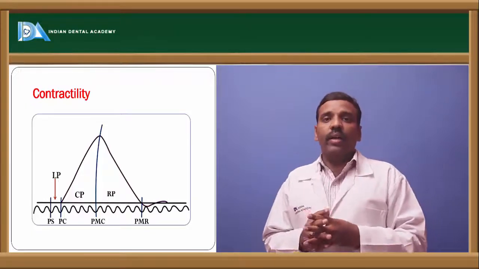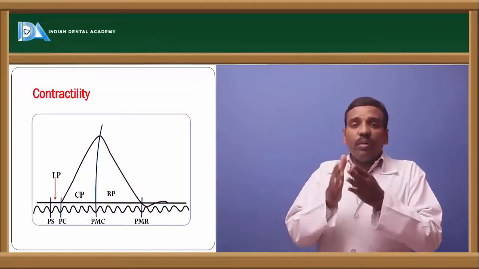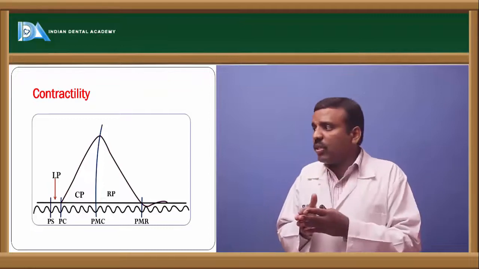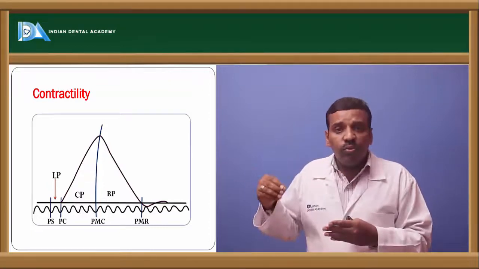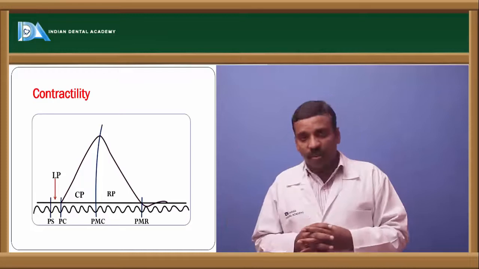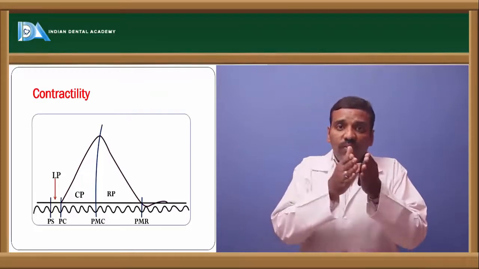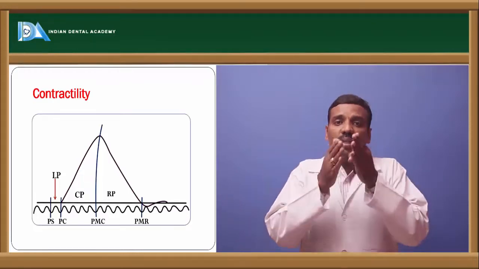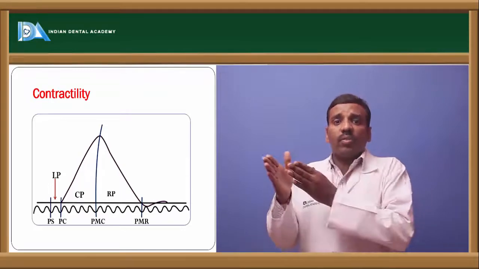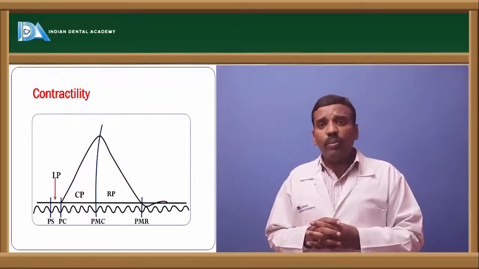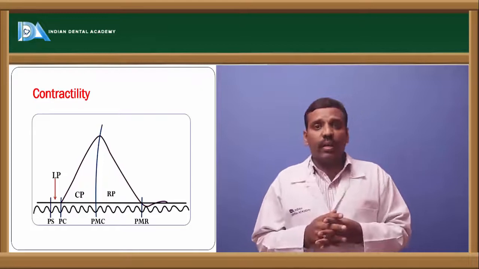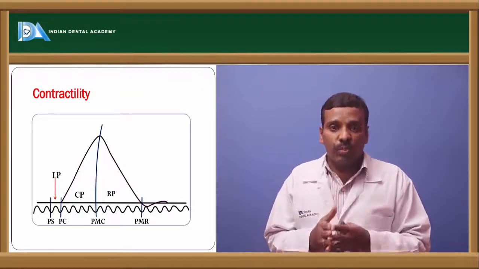Next, from PMC, the point of maximum contraction, to PMR, the point of maximum relaxation, that period is called RP, the relaxation period.